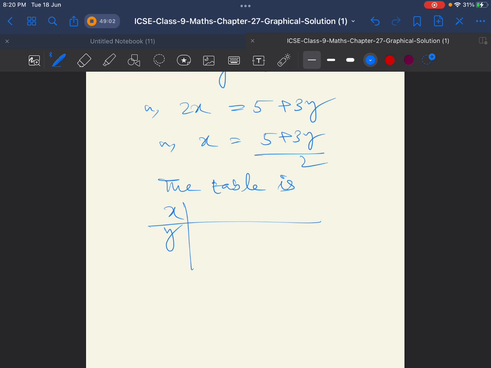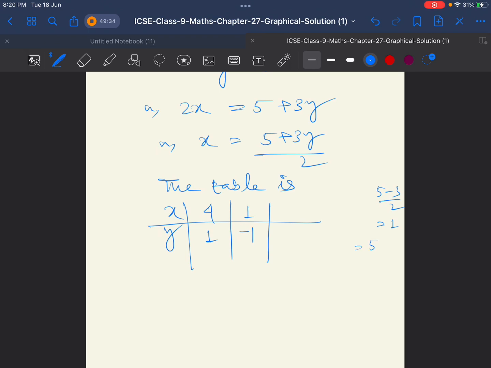Okay, so now we put y equals 1. Then we get 8 by 2, 4. The value of x is 4. If we take y equals minus 1, we get (5 minus 3) by 2, this is 1.